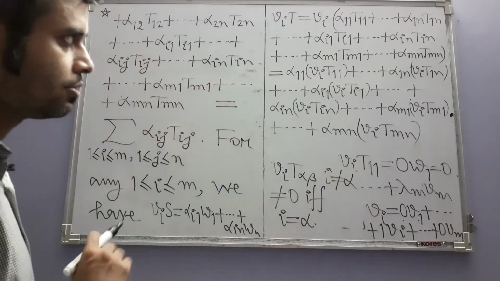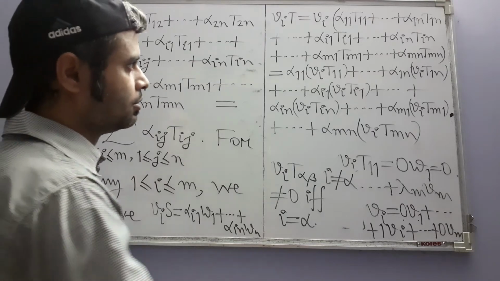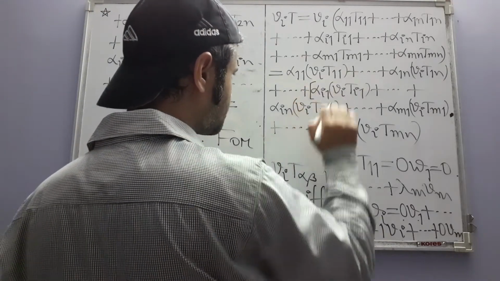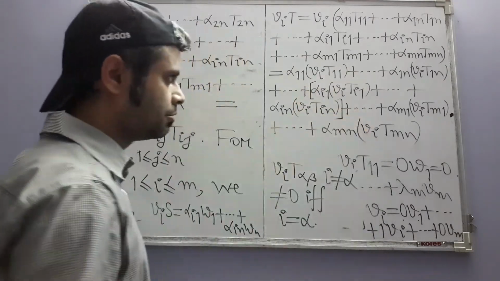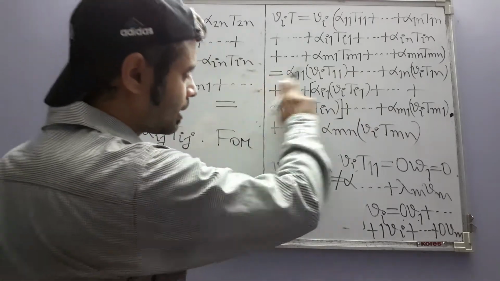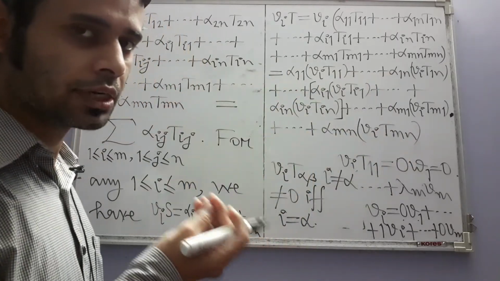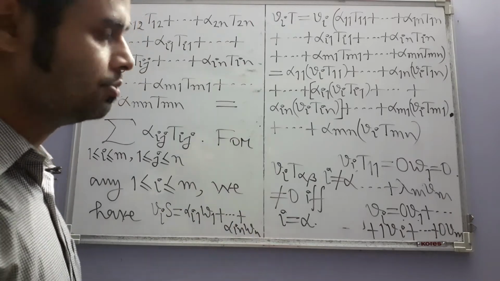So only this part of the sum gives you something. The other things will give you the zero vector in W.